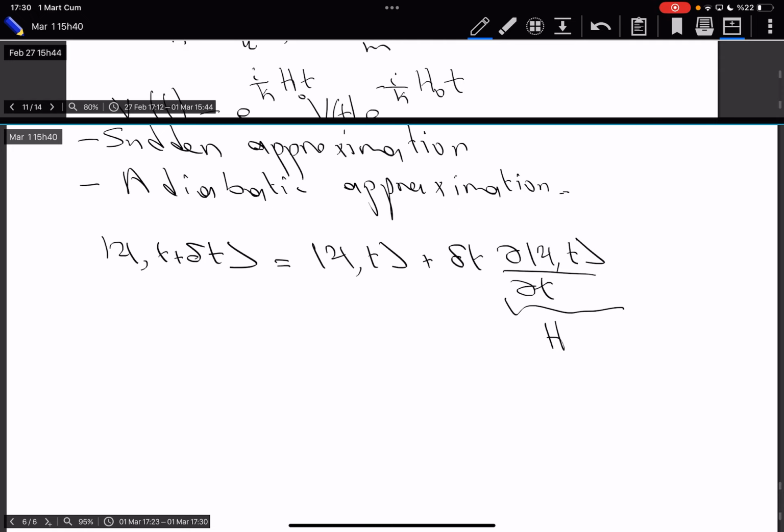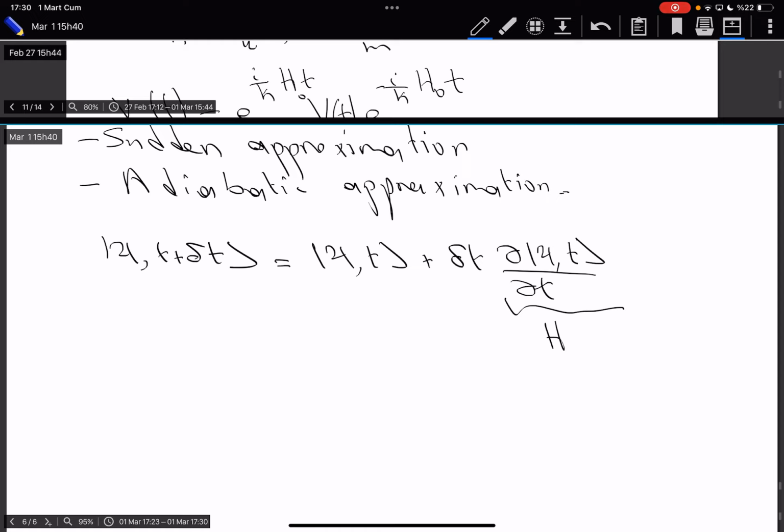So the change in the wave function is very small as long as delta t is sufficiently small, no matter what happens to the Hamiltonian. For example, you might change your Hamiltonian suddenly, but during that sudden change, if delta t is very small, your wave function didn't have time to change.